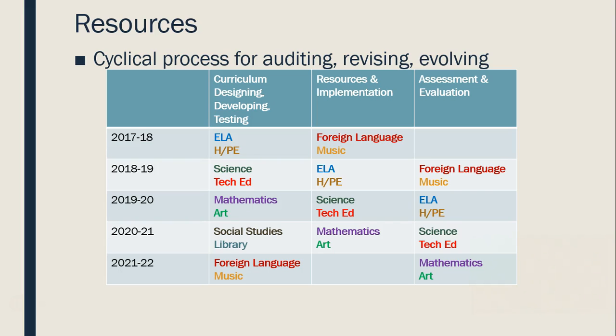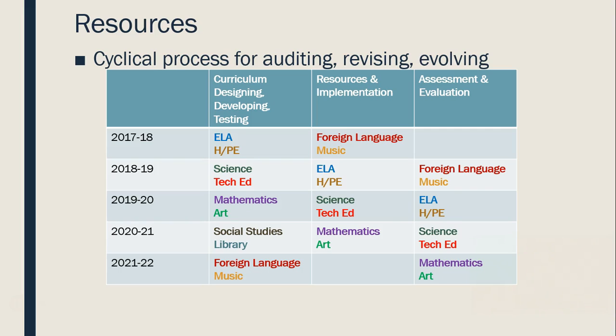And then the material process also costs money, because then you actually have to purchase the equipment that goes along with that. Here you'll see a sample curriculum calendar, or the revision cycle for big areas. You'll notice that they are paired with a major core area and a secondary area.